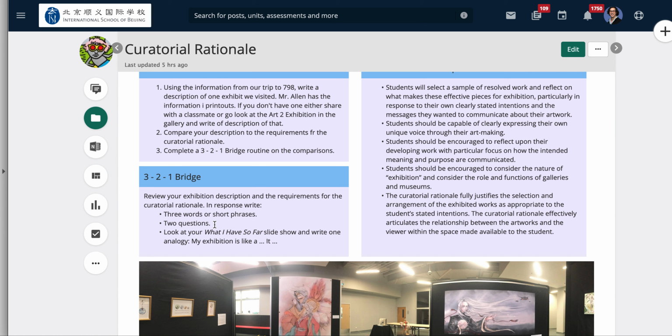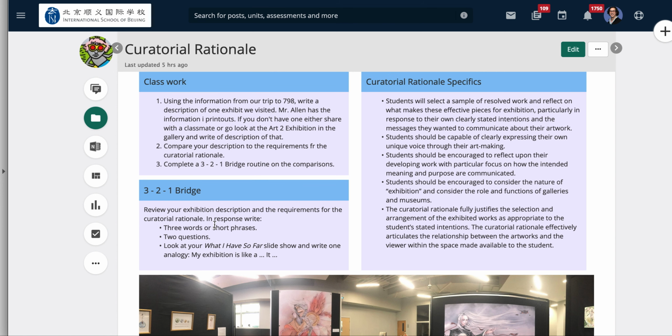Once again, I'm going to cover everything, and this is all you have to do today in class. First, collect the form from Miss Karen and write a description of the exhibition that you went to in 798, or use a friend's and go see the one outside. Write 300 to 400 words about that exhibition. Compare your writing to the requirements of the curatorial rationale.